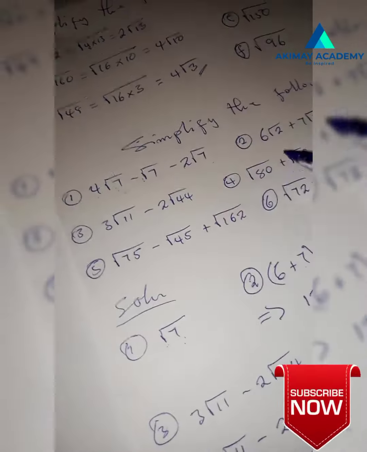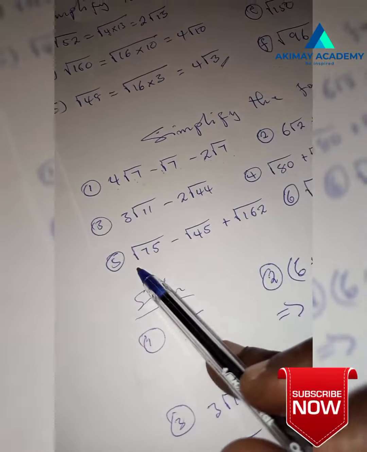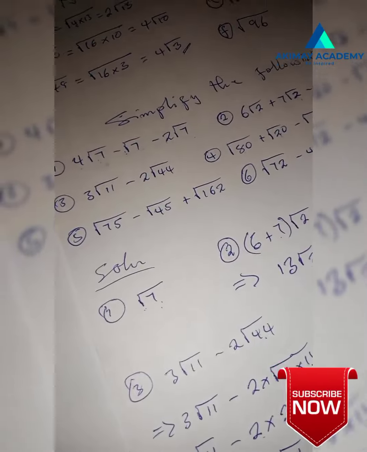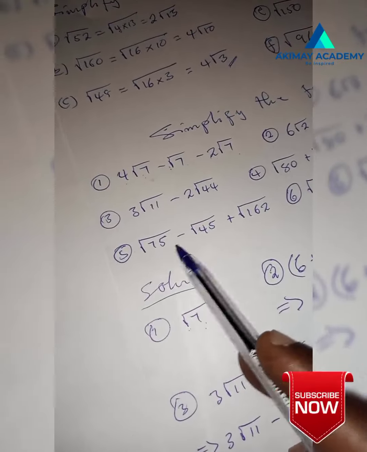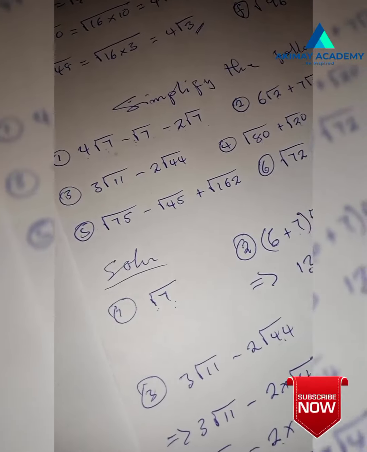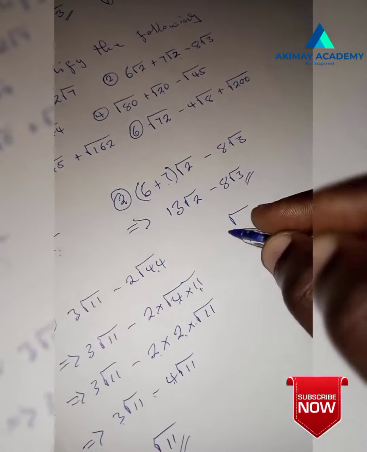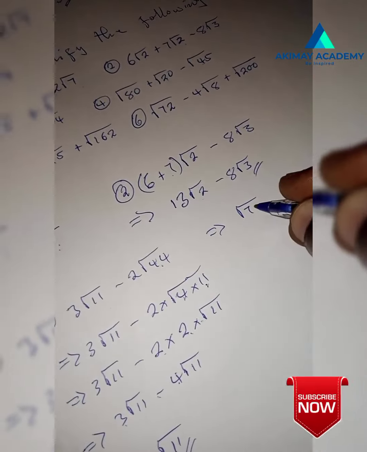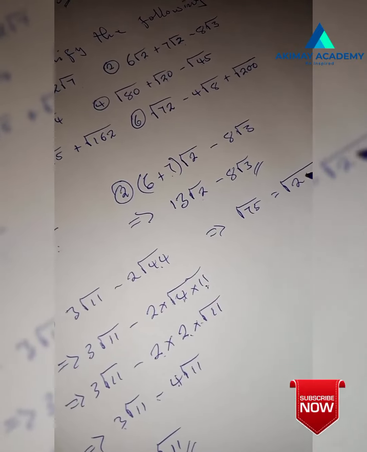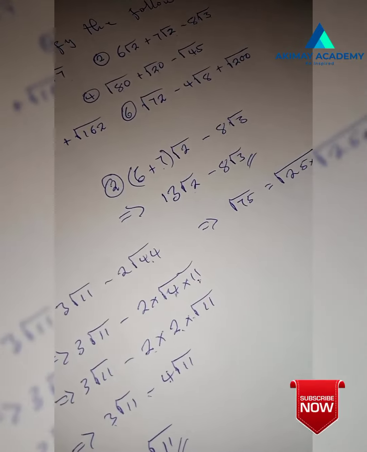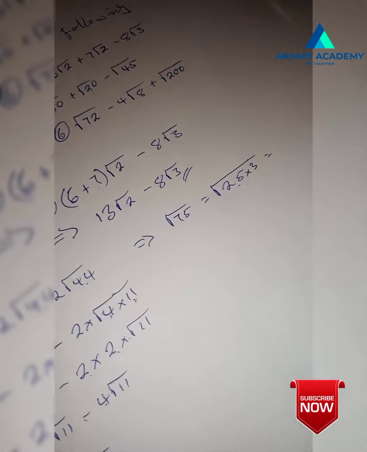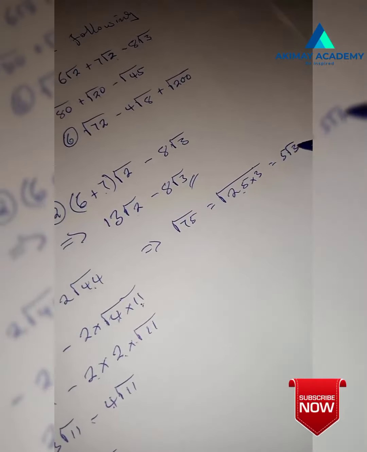Okay, good. Let's look at this particular problem, question 5. Root 75. They also have numbers which are very huge, so we have to reduce them to their simplest form. Root 75 can give us root 25 times 3, so this will be equal to 5 root 3, since root 25 gives us 5.